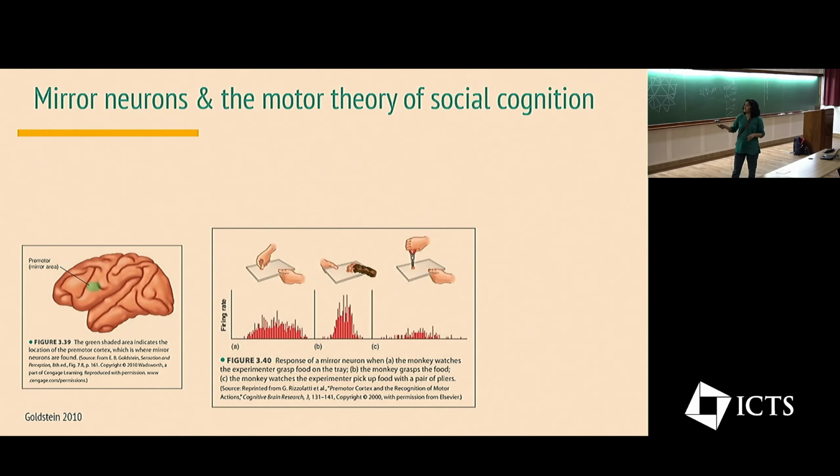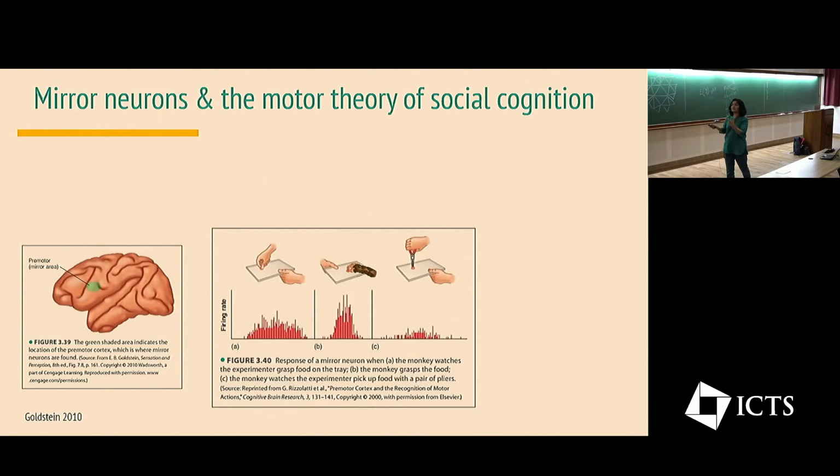These neurons were found to fire when the monkey did a task, say, picked a nut, and not only then, but also when the monkey viewed the experimenter do the same action, picking the peanut in this case, but not when the experimenter was using a plier.